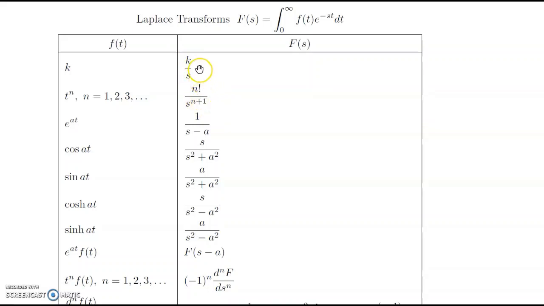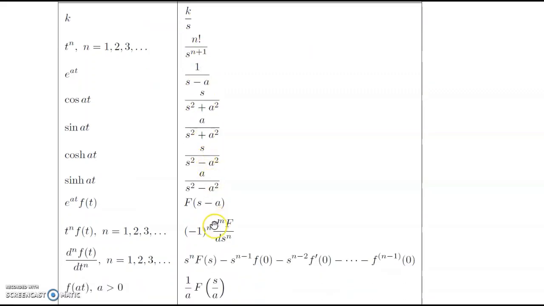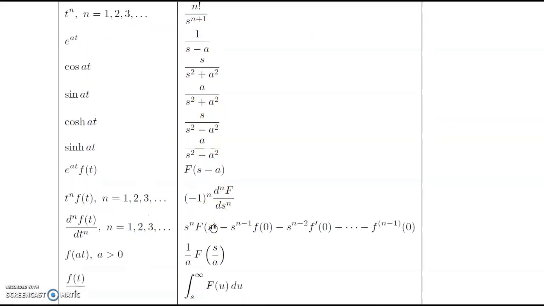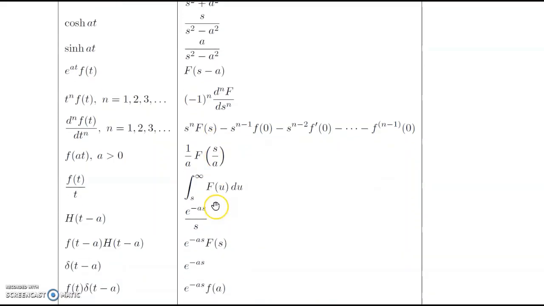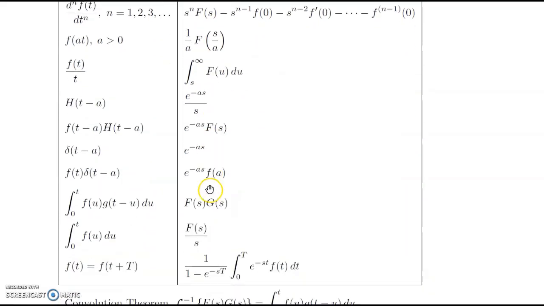From the top up to here, you cannot get the 1, until I would like to draw your attention to this part here. From this expression, e to the negative as. So when do you get 1? If you refer to this, how is it possible to get 1 from this?